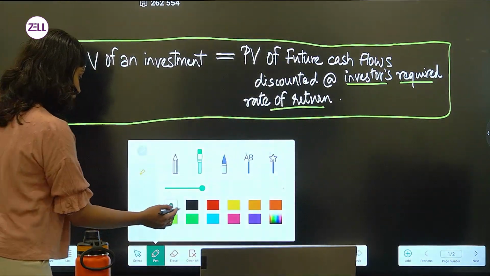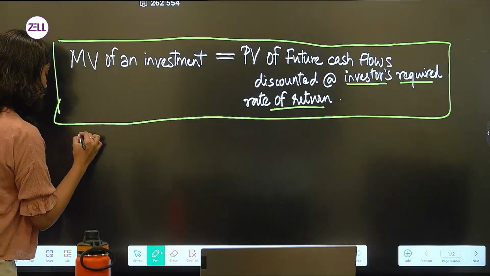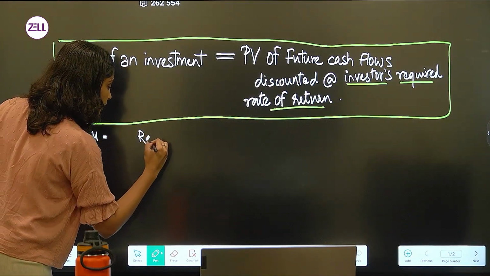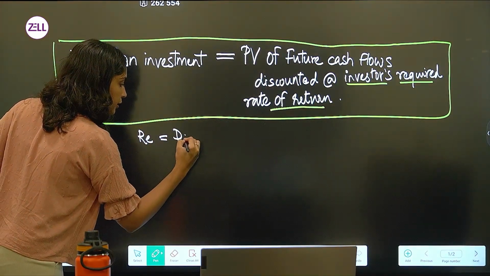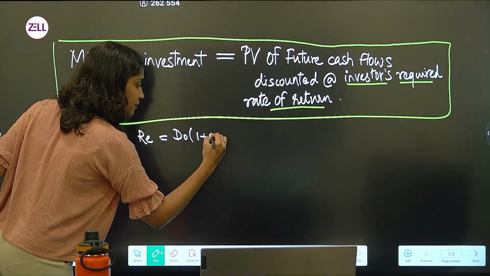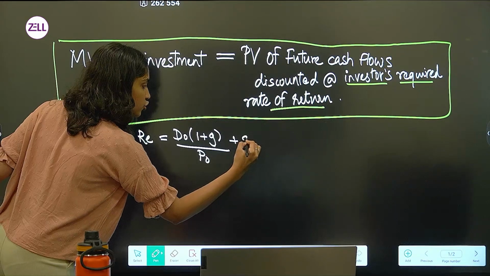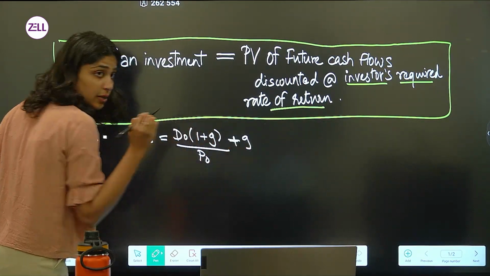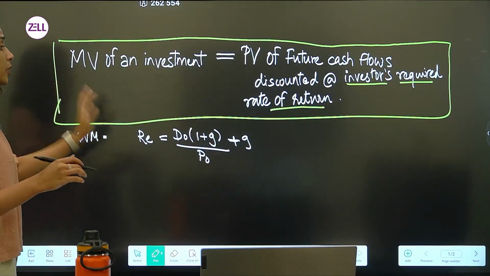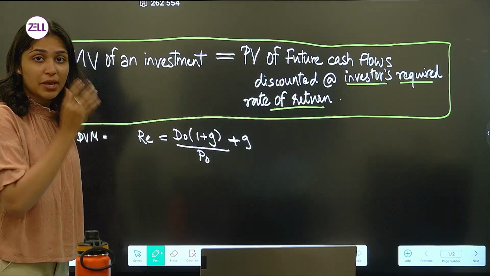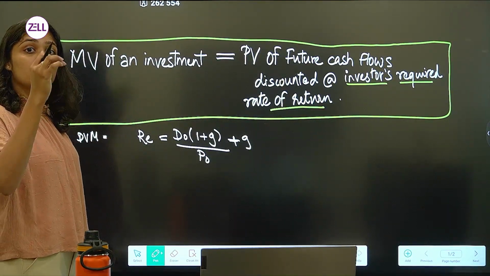So, if you see this formula of dividend valuation model, what was the formula? It was RE is equal to D0 into 1 plus G divided by P0 plus G. Correct? Pay attention. This is a very important concept. Now, I want to know what is the market value of the share.